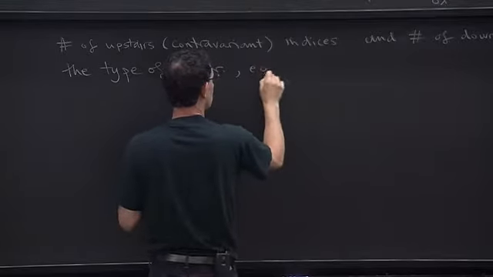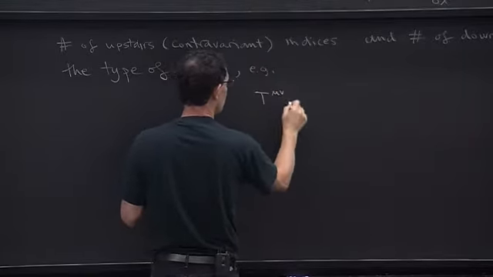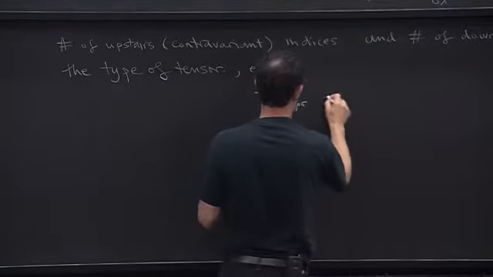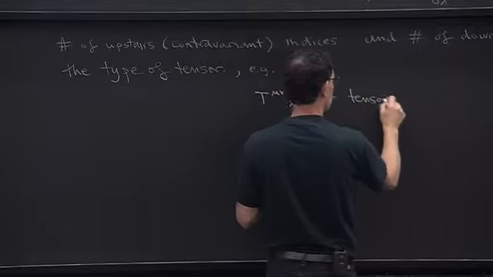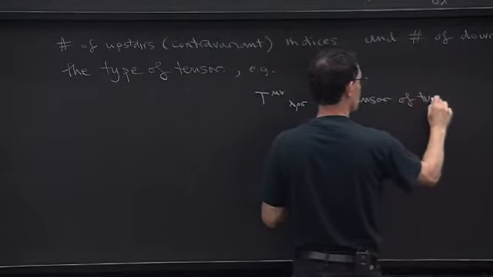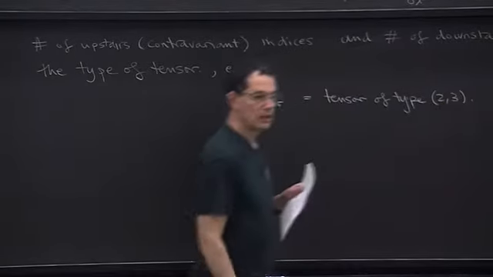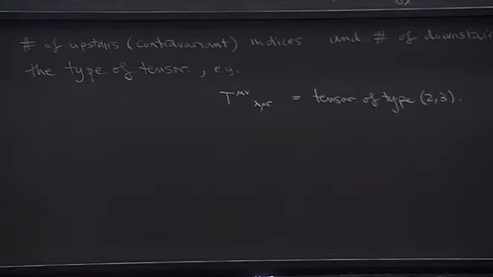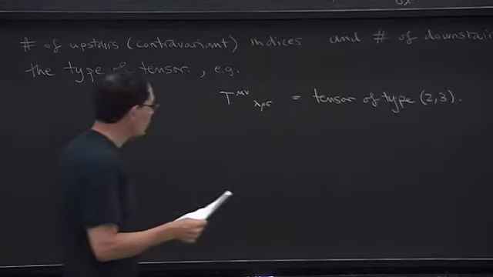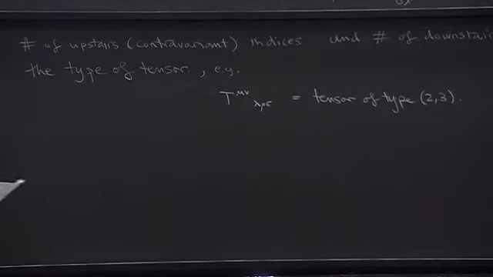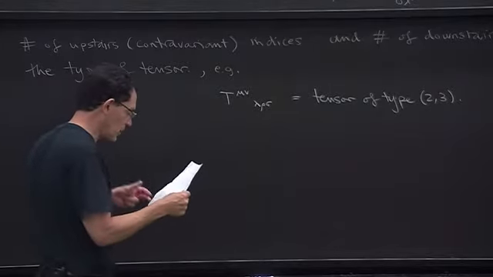For example, T mu nu lambda rho sigma equals a tensor of type 2, 3: two upstairs, three downstairs indices. These numbers just describe how many Jacobian matrices you need and how many inverse Jacobian matrices you need to describe the transformation law.